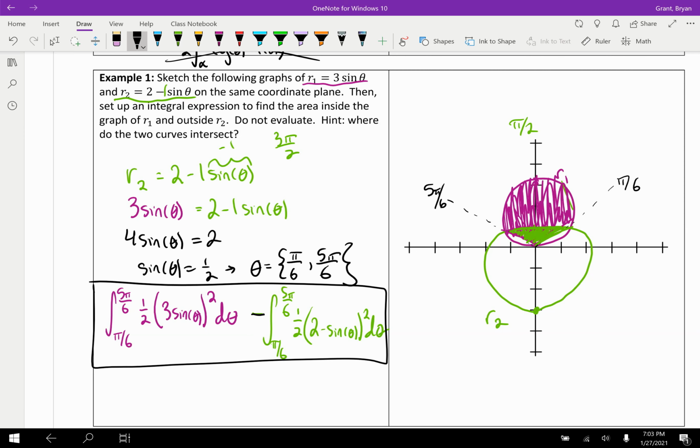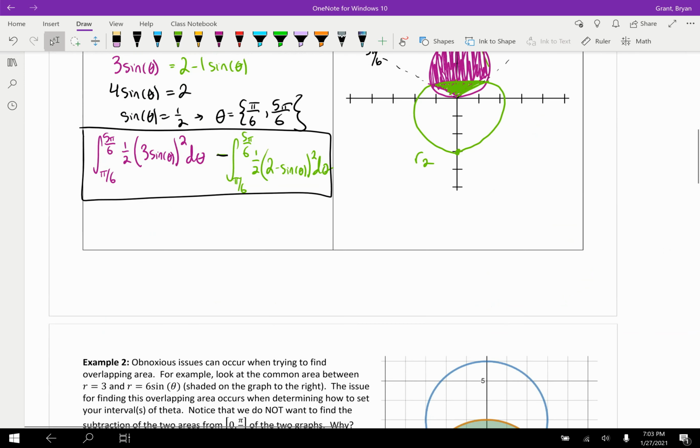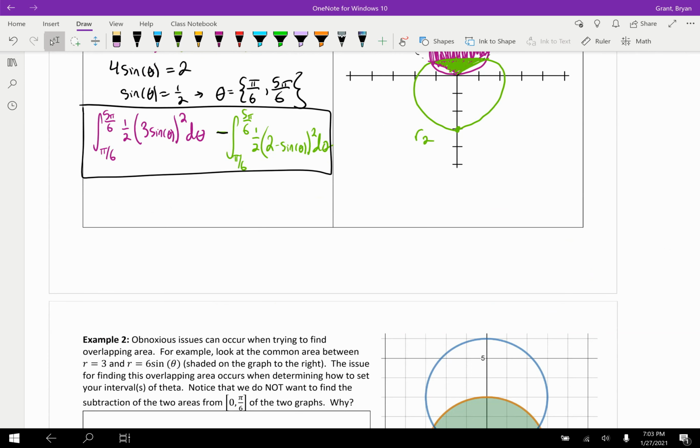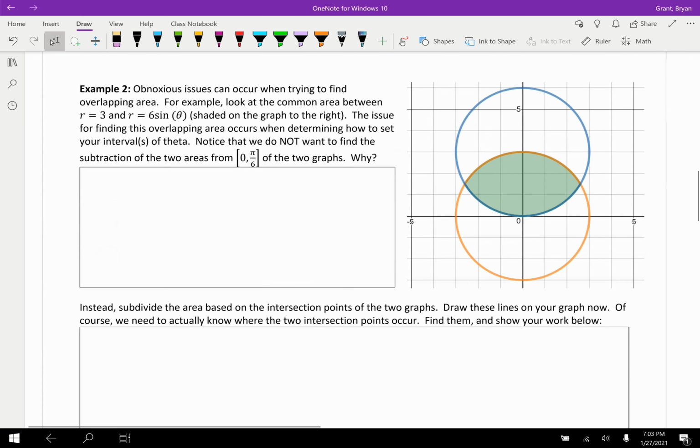Now, it would be great if polar graphs were this easy, and sometimes they are. Honestly, we're kind of coming to the end where it's just like, here's a lot of extra information, but you already know how to apply it all. But there is one weird thing that can happen with polar graphs. So here we go. Life gets weird when you're trying to find overlapping area that's common to both, right?